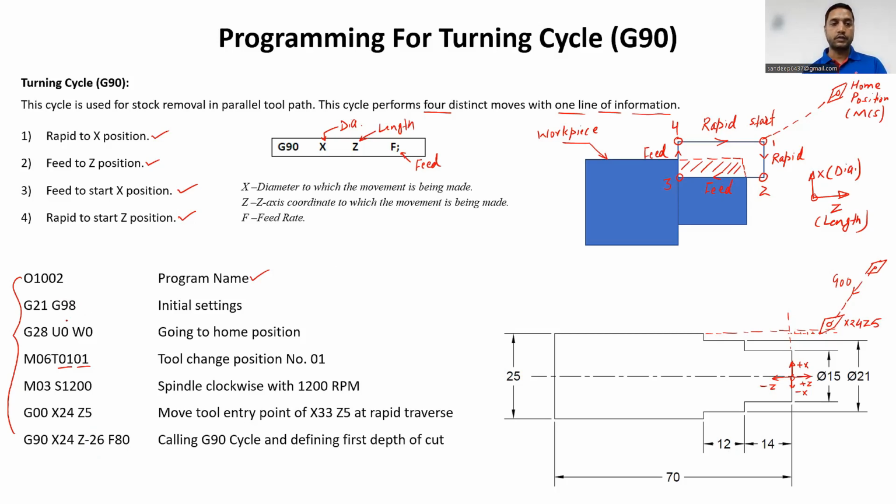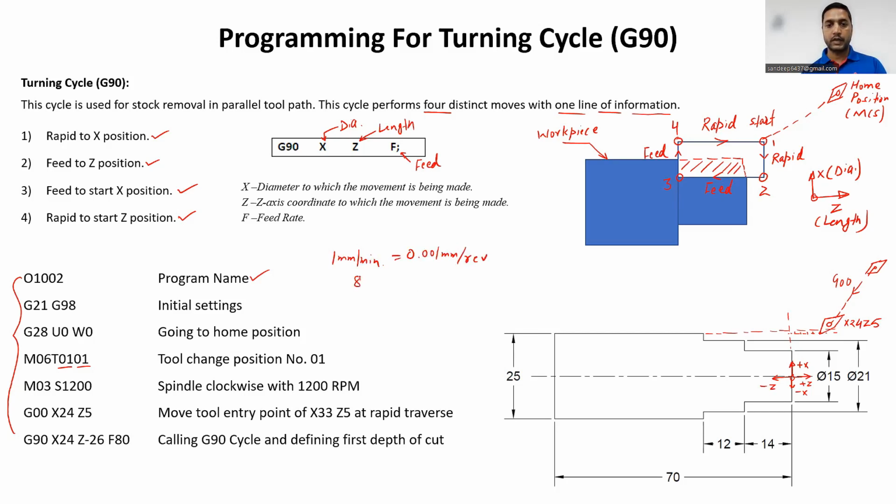In case of code G99, we will use feed 0.08 mm per revolution. So there is a relation for mm per minute with mm per revolution. You can convert, that is 1 mm per minute will be equal to 0.001 mm per revolution.